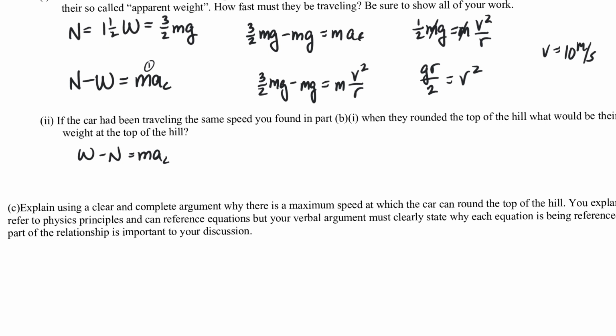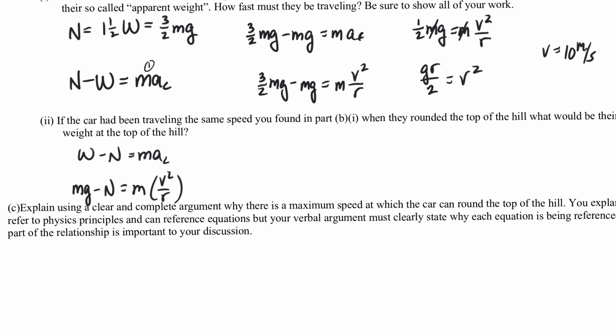I'm looking for the normal force here. That's the apparent weight. And so it'd be nice to have it in terms of mg somewhere along the line, but let's see what we can do here. I think I'm going to do some substitutions first, like mg minus normal equals m v squared over r.